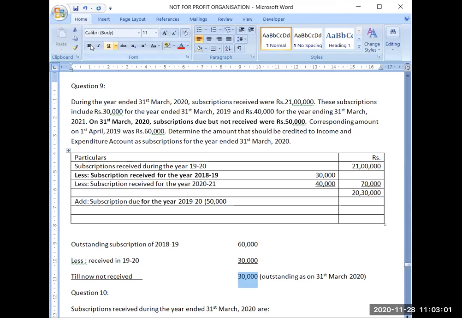Don't get confused with the other 30,000. So I will add this 20,000 only. So this will become 20,50,000.